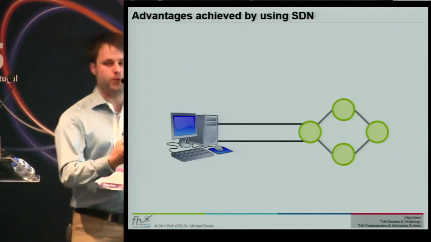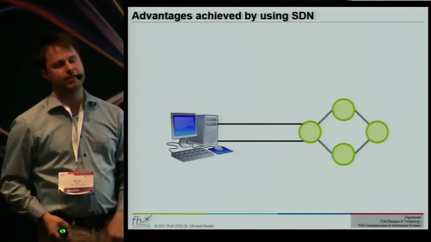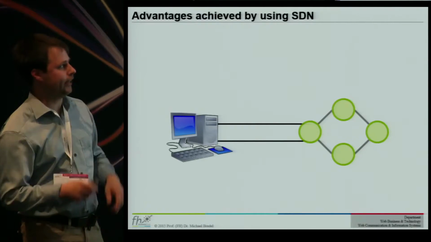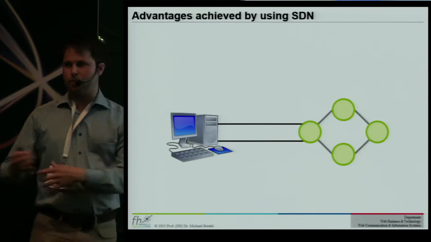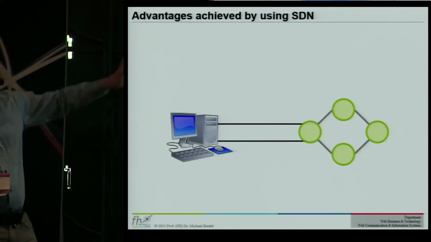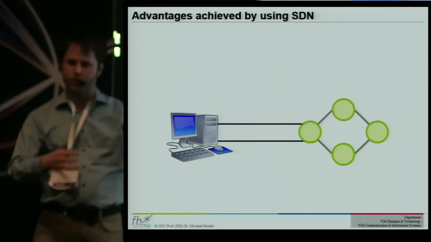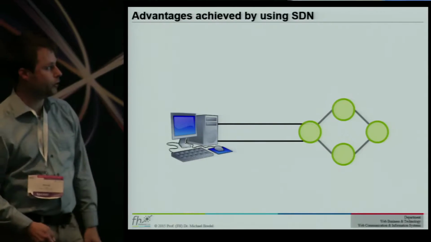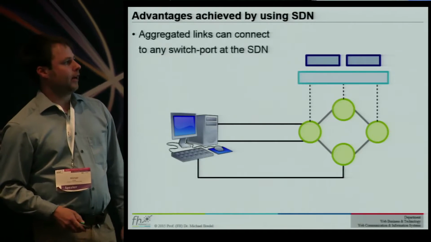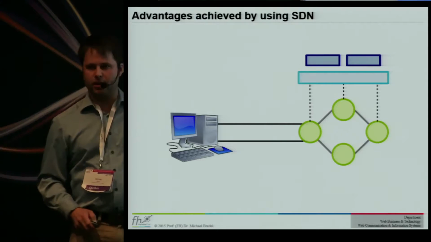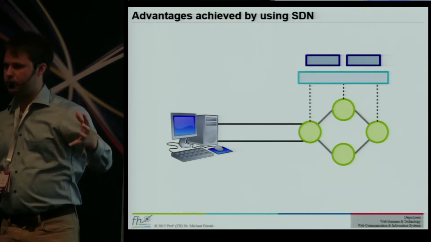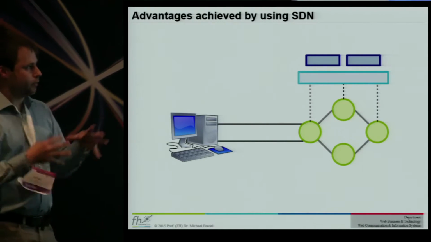So what can we do with that once we implemented that, tested it, and it's working? That's more or less the same topology we had before. We have the two links going to one switch, which is not as highly available as we want. But now this is not a standard network anymore with a distributed data plane and distributed control plane.